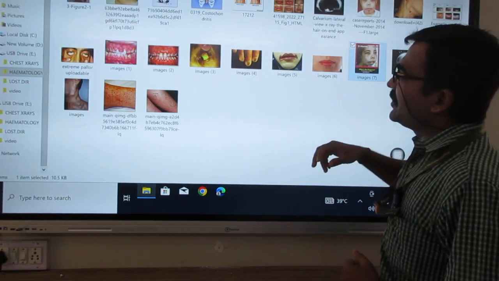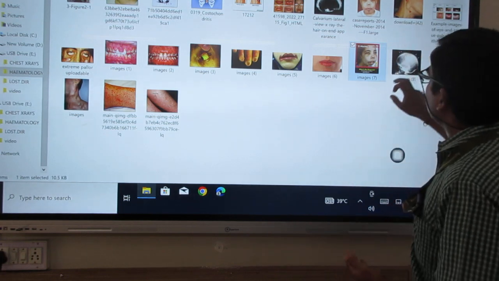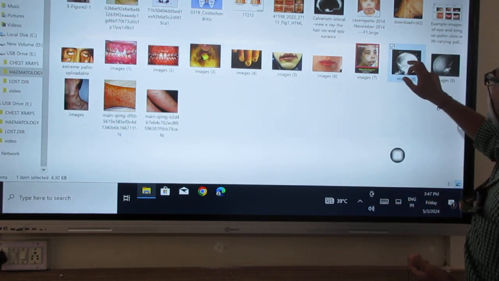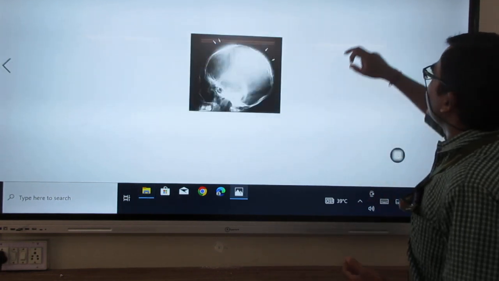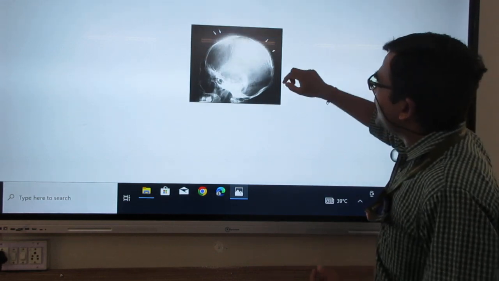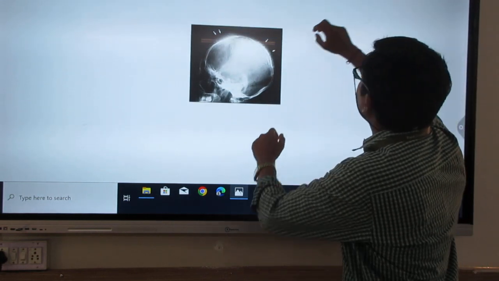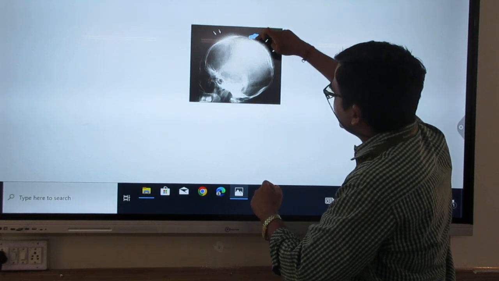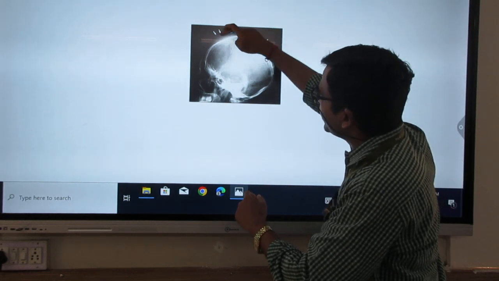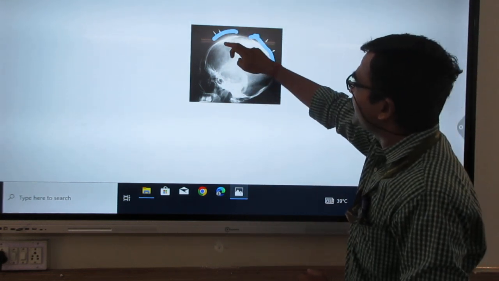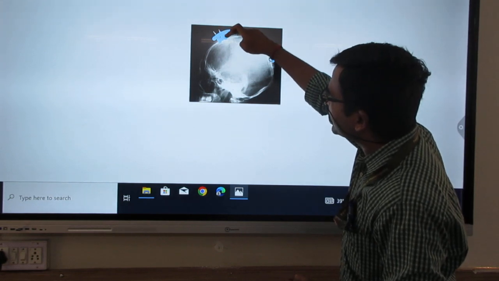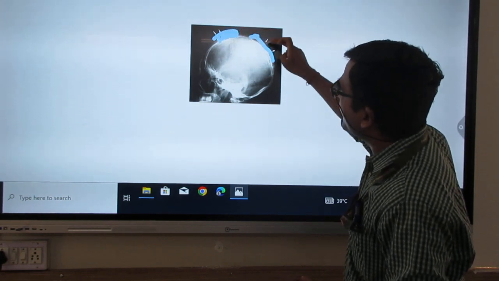Coming to one more sign of hematological disease, see this X-ray. Here you can see multiple small hair-like projections. I will just zoom in now. See multiple small hair-like projections growing from the skull bone.